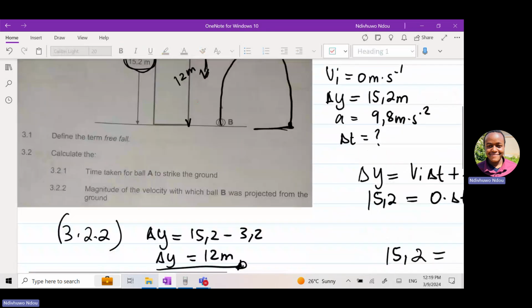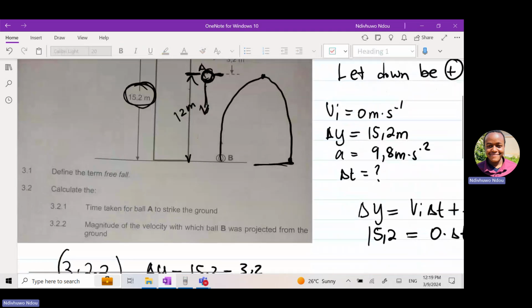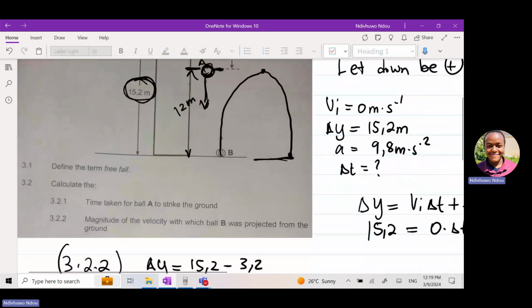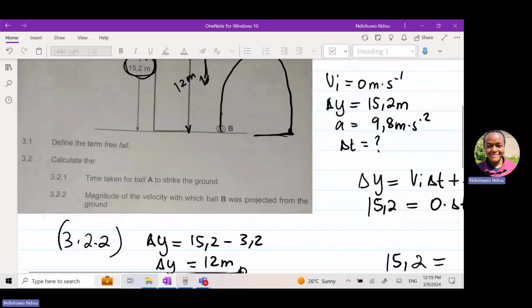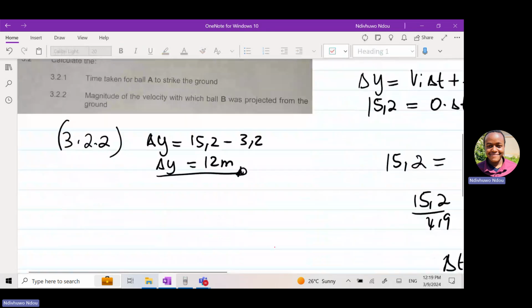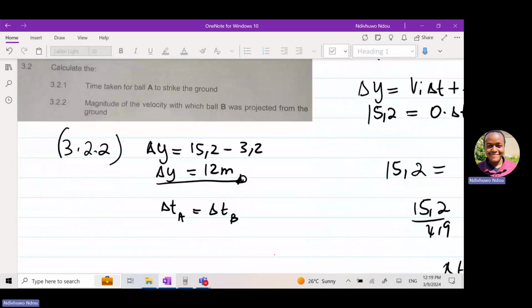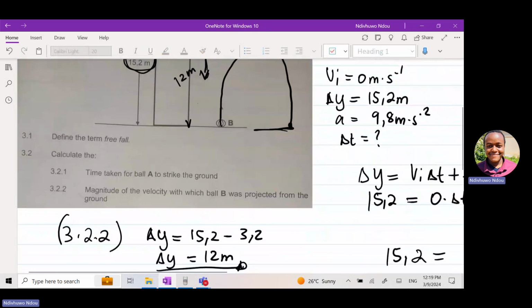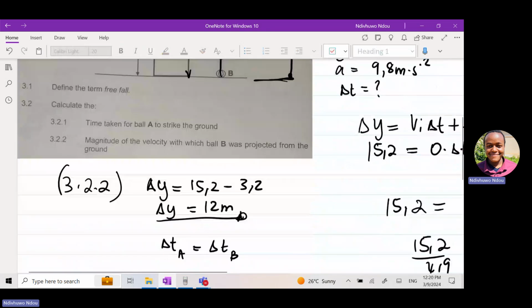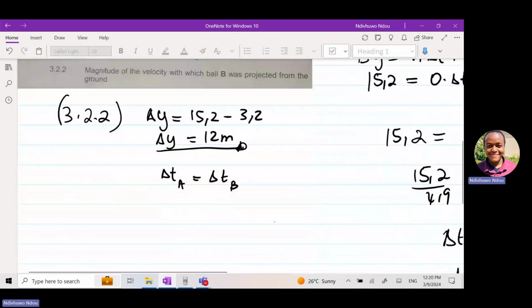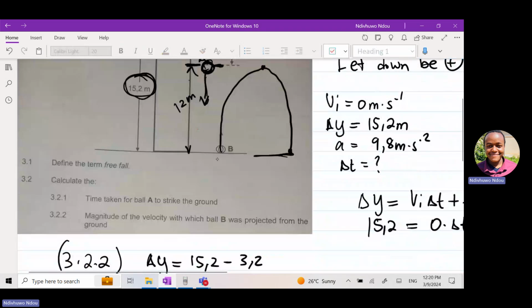But as I said, they strike the ground at the same time. It means the change in time for ball A is the same as the change in time for ball B's entire motion going up and down, so that they hit the ground at the same time. But remember that we are looking for the initial velocity that ball B was projected with to ensure that it strikes the ground at the same time.